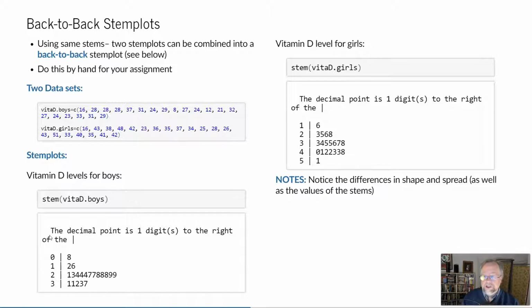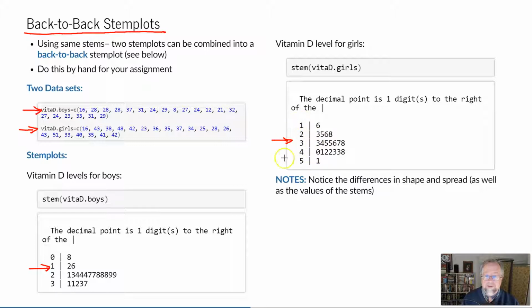So let's suppose I'm considering 2 different sets of data and I want to compare them. One way I can do that is with a back-to-back stem plot. With the back-to-back stem plot, I do 2 stem plots. First I'll do the vitamin D values for the boys and then for the girls. And just by directly comparing them, you can already see some differences.